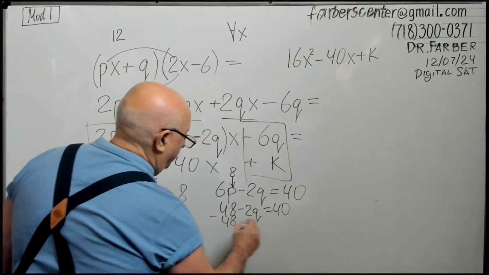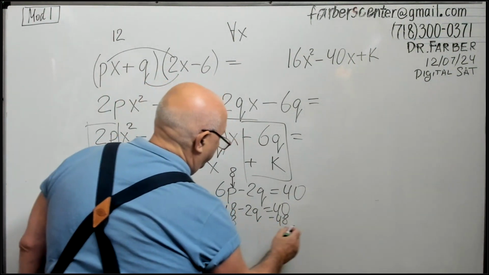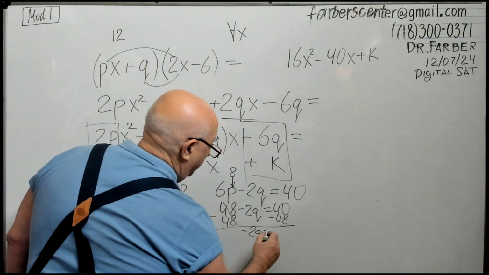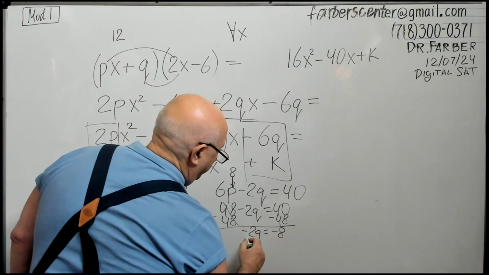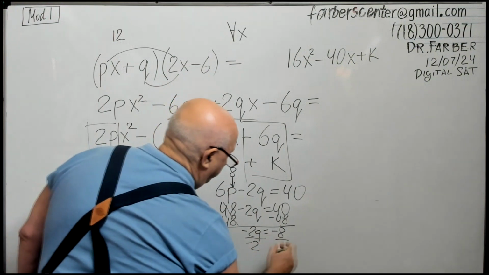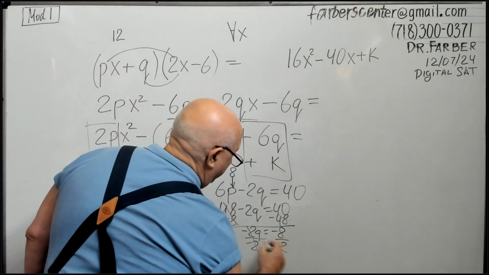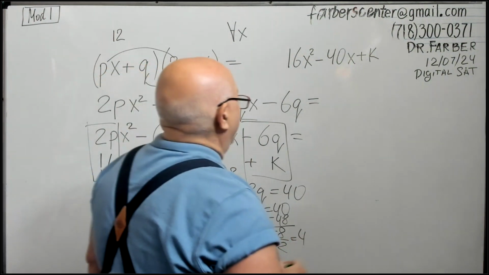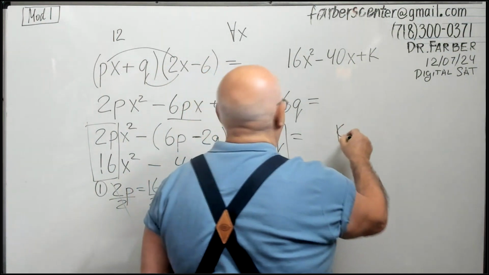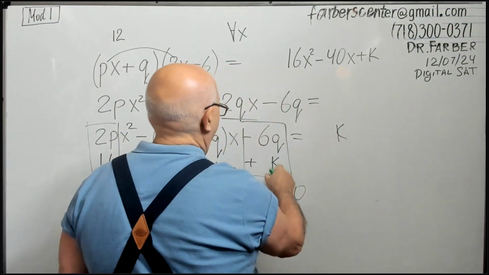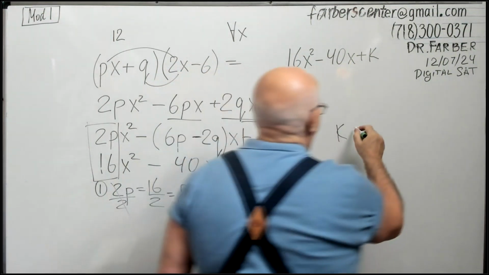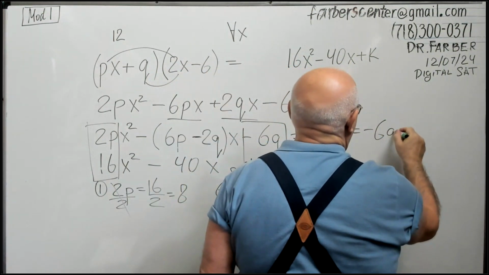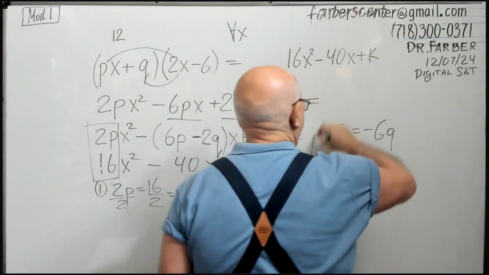Minus 48 and minus 48 cancel out, negative 2q equals negative 8. Divide by negative 2, and you get q equals 4. And finally, k equals negative 6q. Grab this, plug in over there.